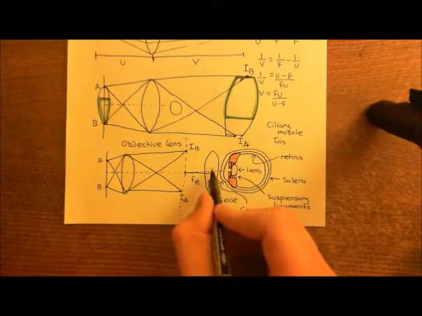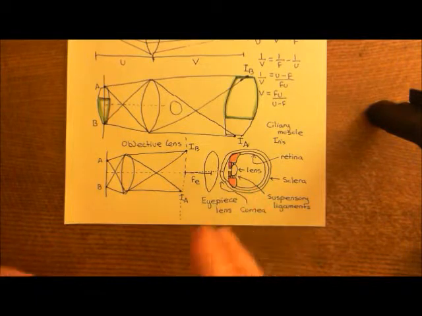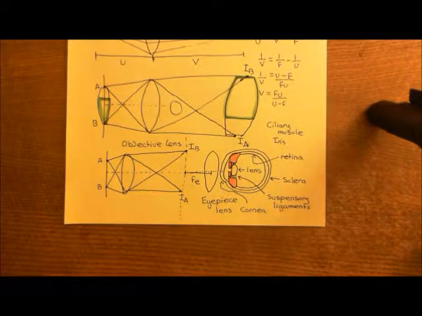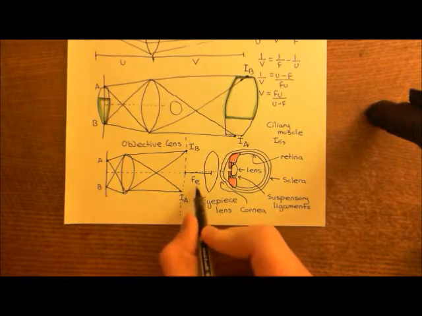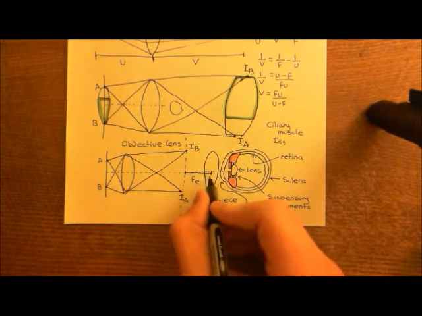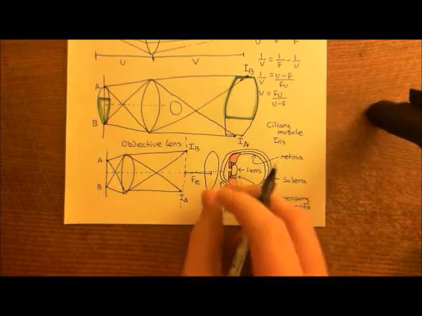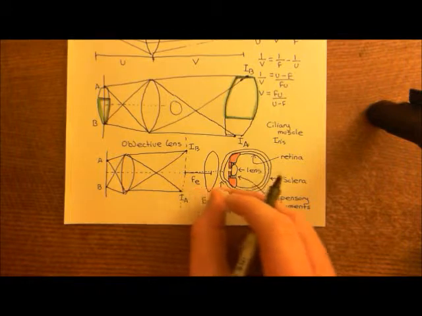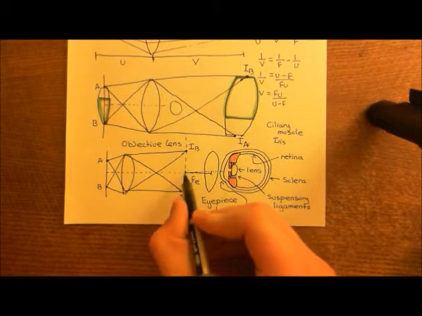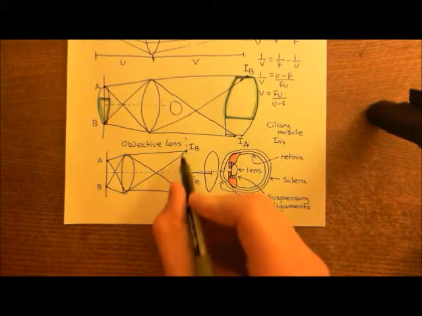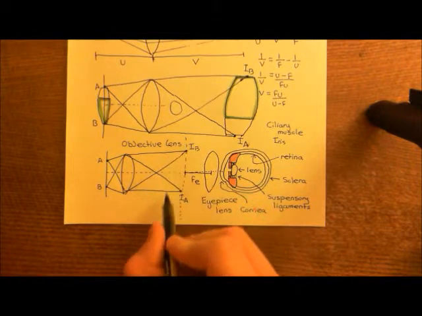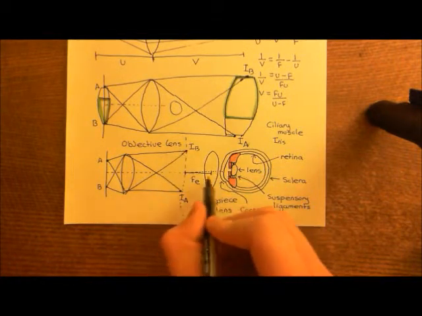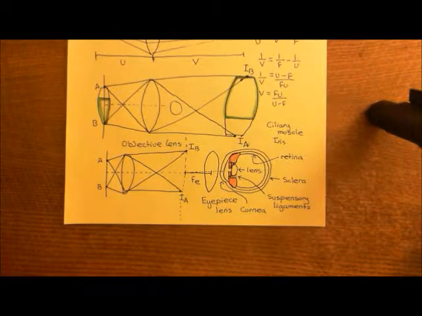But for the eyepiece lens, you'll take into account its curvature, its size, and you could work out its focal length. And what you're now going to do is modify the position of the eyepiece lens so that the distance it is away from this image being formed in this plane is equal to its focal length.